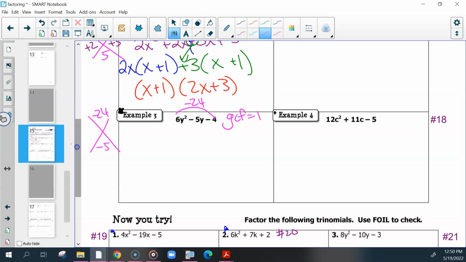What two factors will work? Six and negative 8. I heard two different sets of numbers. 6 and 4 wouldn't work. That wouldn't give me 5. But 8 and 3, and which one's negative? Negative 8, yeah.